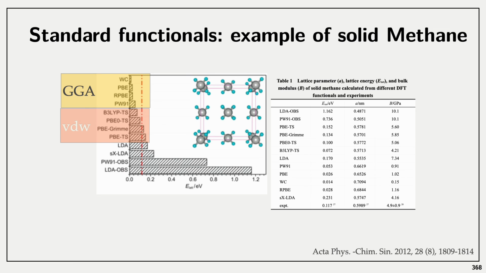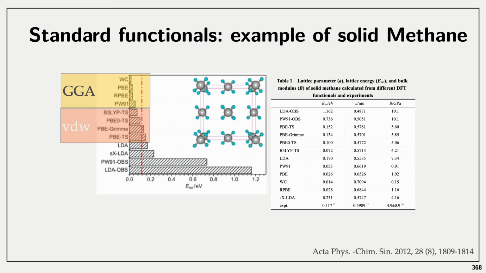So those environment-dependent C6. And you see they're doing a pretty good job. I mean, certainly PBE-Grimme, which is a very popular one, and also PBE-TS are doing a fantastic job, I would say, to get the right absorption energy and the lattice constant. You can check the table on the right. I like to say just one more thing, which is LDA.